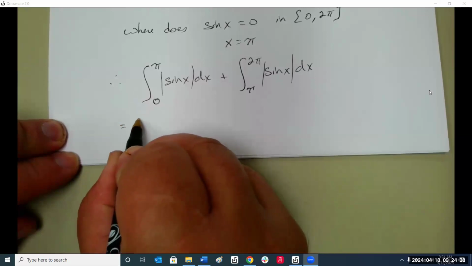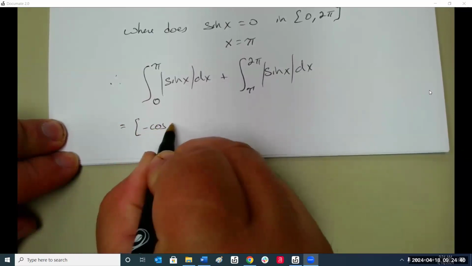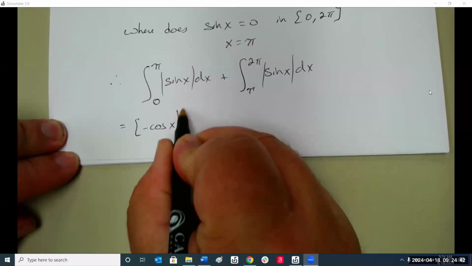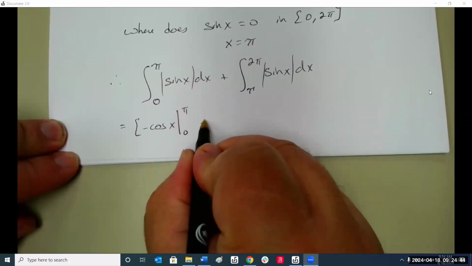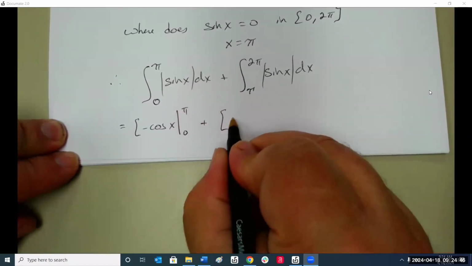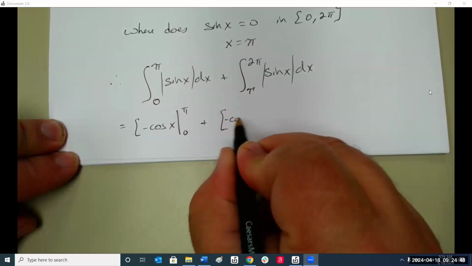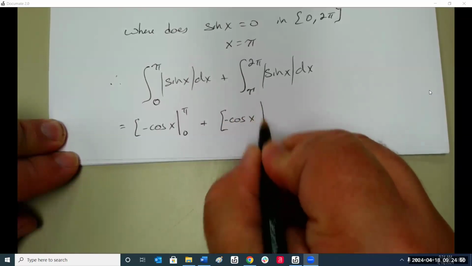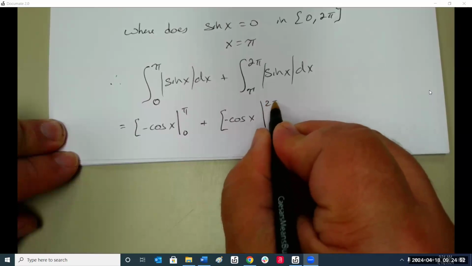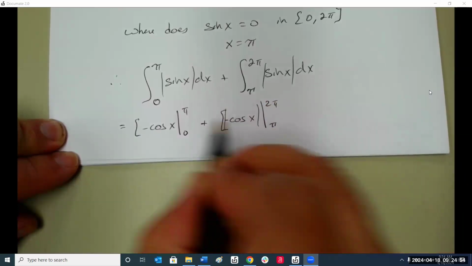So this gives us negative cosine from 0 to pi. This gives us negative cosine from pi to 2 pi. Again, it's the absolute value.